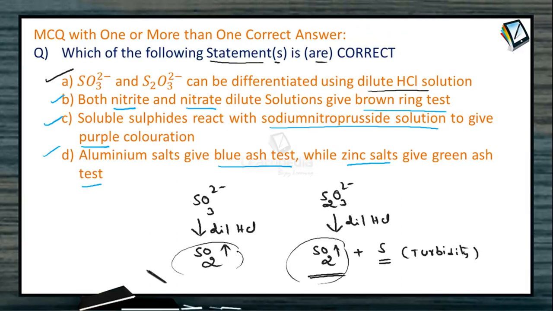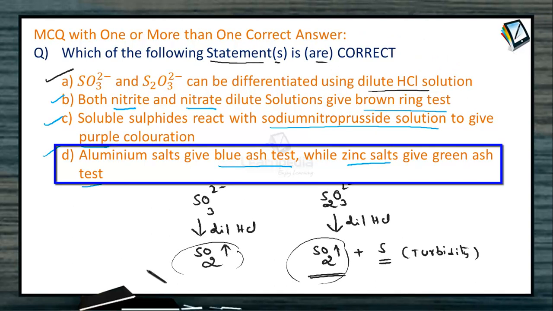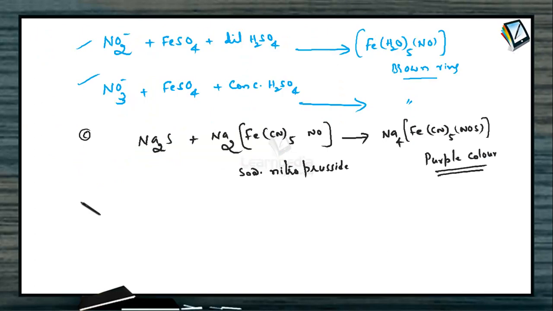And when we see option D, aluminum salts give the blue ash test while zinc salts give the green ash test. For D also, aluminum salts like aluminum sulfate give aluminum oxide, Al2O3, during heating, which combines with the cobalt oxide formed when cobalt nitrate is added.